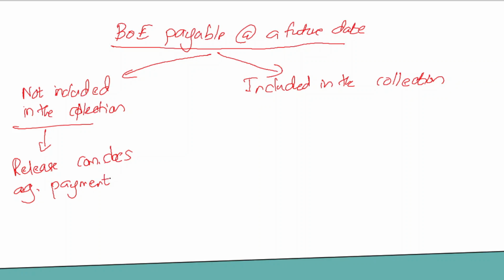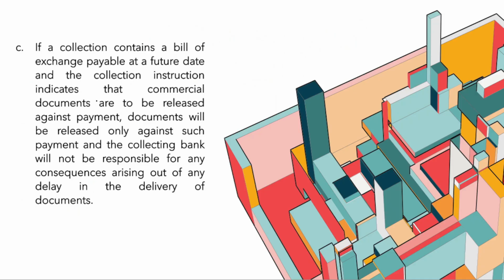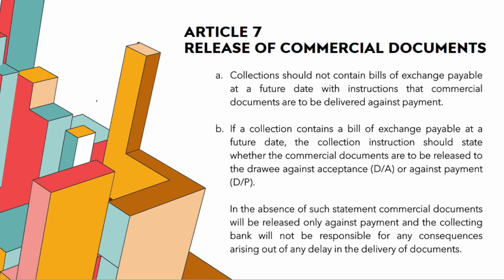Now, what if your collection has a bill of exchange? Then what do you do? Let's refer to subsection B. It states, if the collection contains a bill of exchange payable at a future date, then the collection instruction should state whether these commercial documents are to be released to the drawee against acceptance or against payment.